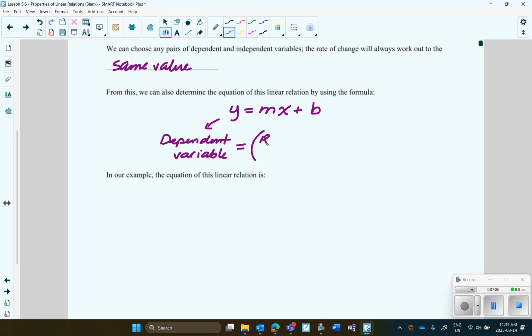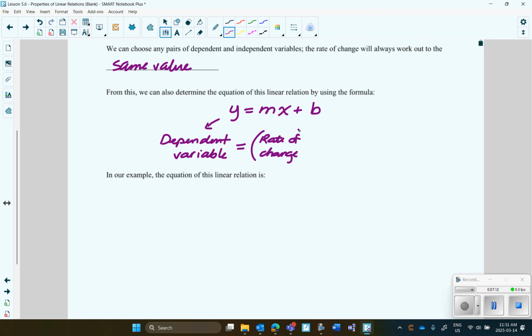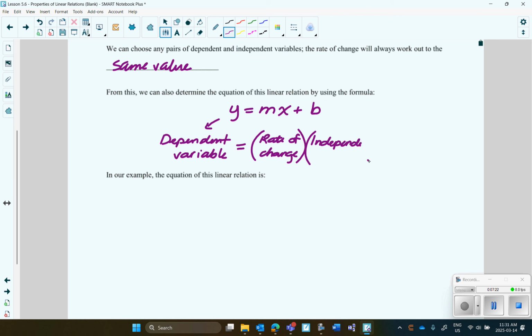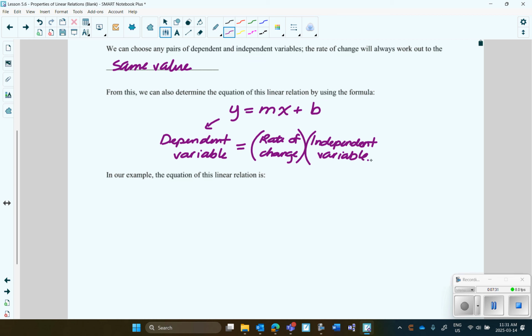And we're going to put that in parentheses because we're going to multiply it by the independent variable. So m is the rate of change, x is the independent variable.